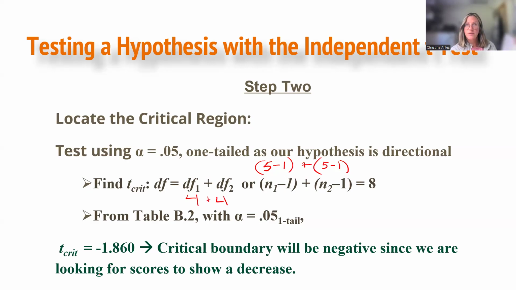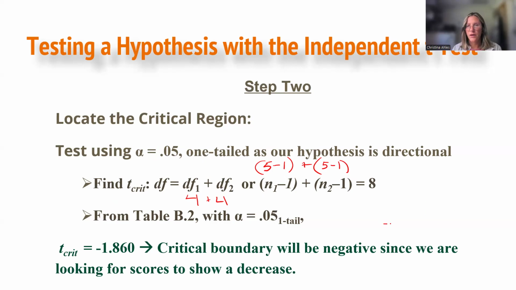Because we're going to use 0.05 and it's 1-tail, we're going to find 0.05 under 1-tail. Go down and look, and you should get 1.860. But make sure to put a negative in front of that, because we are looking for our depression levels to decrease. So that critical value would be negative 1.860.